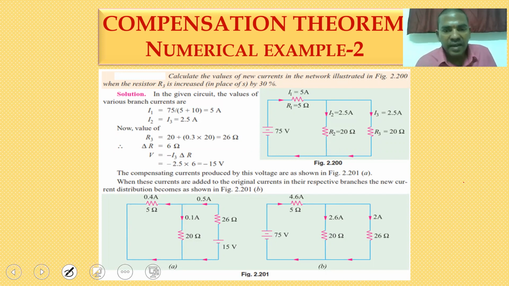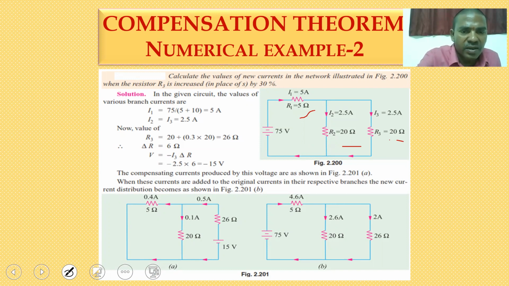Okay, here 20 ohms and 20 ohms are connected in parallel, in series with the 5 ohm resistor. 20 into 20 divided by 20 plus 20 gives 10, plus 5 is the total resistance, and 75 is the total voltage. 75 by 15 gives 5 amperes as the I1 current.